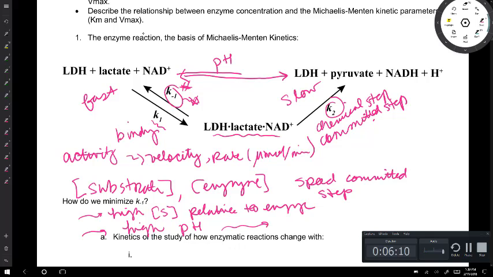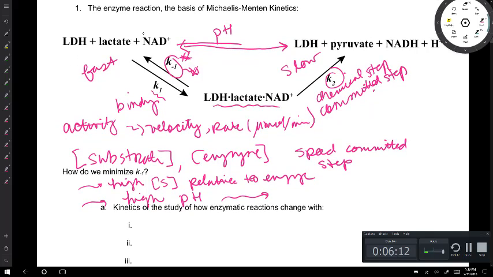And so by keeping a high concentration of substrate relative to enzyme, we're talking several orders of magnitude difference, we can ensure that at any time the enzyme is bound, the substrate and the cofactor aren't popping out of the enzyme pocket.